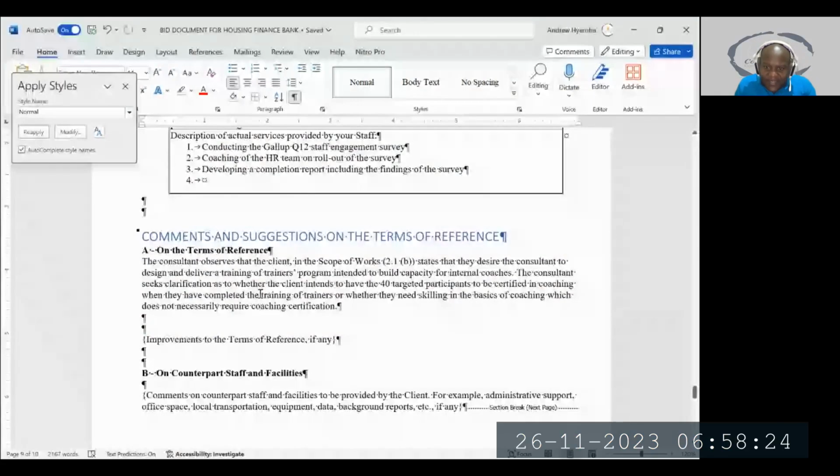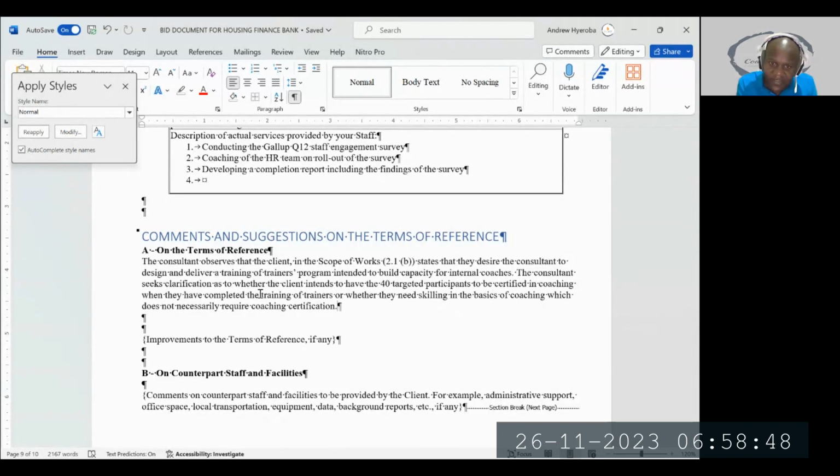So the consultant believes that the client states that they desire the consultant to design and deliver a training of trainers program. What we are not clear on here is whether the training of trainers program is to train them and produce certified coaches, or whether the training is to just make people aware of the basic skills required in conducting coaching.